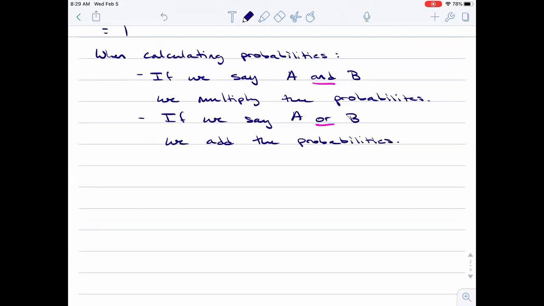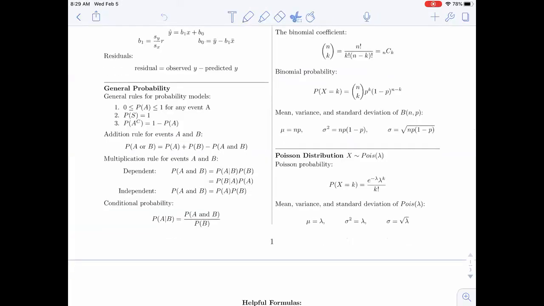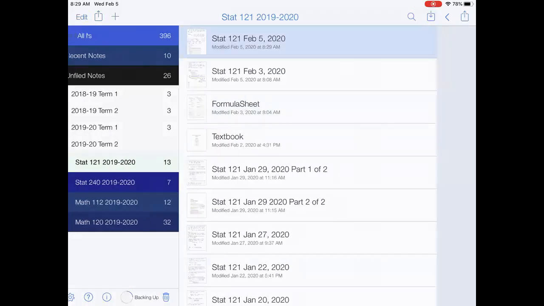So just as a little kind of switch in your mind, right? If you're saying and, this and this and this has to happen, then you're going to multiply those probabilities, right? If you're saying, oh, this or this can happen, then you're going to add those probabilities, right? And so it's on your formula sheet. We already talked about it, right? But I'll throw it on here as well.